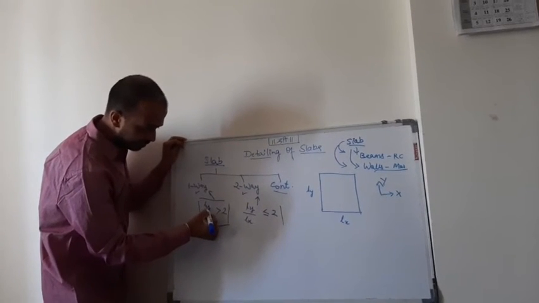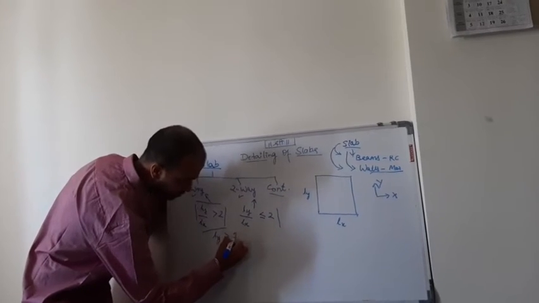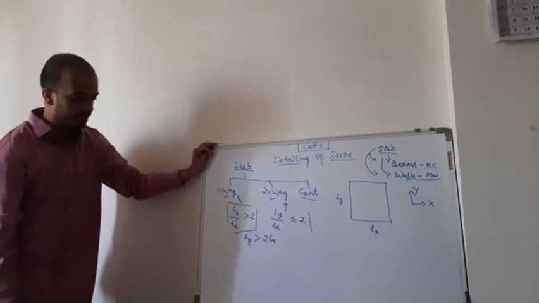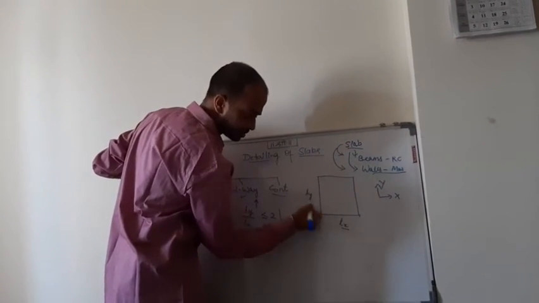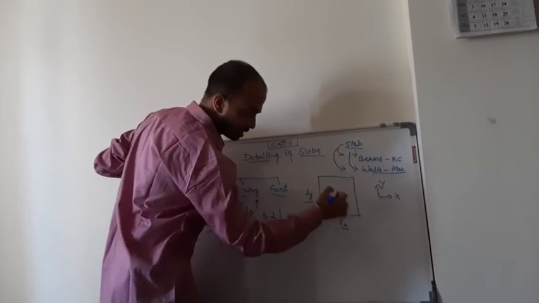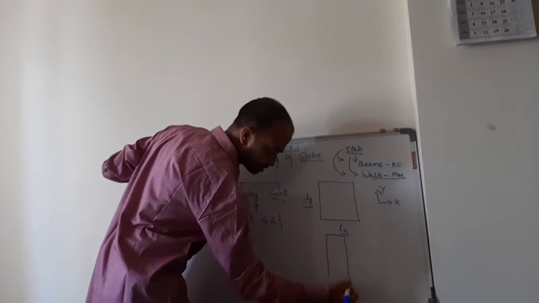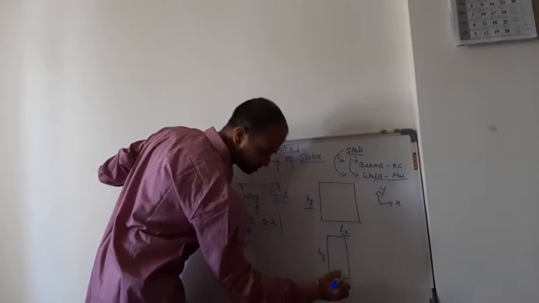This indicates Ly is approximately greater than 2 times Lx, or it may be equal to 2 times Lx. That means this length will be greater than this. Okay, so this structure now I can modify like this, which somewhat looks like this. So this is my Ly and this is my Lx.